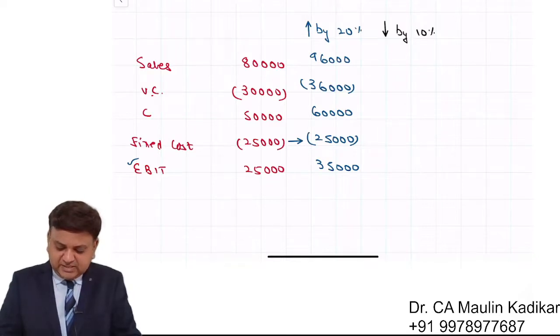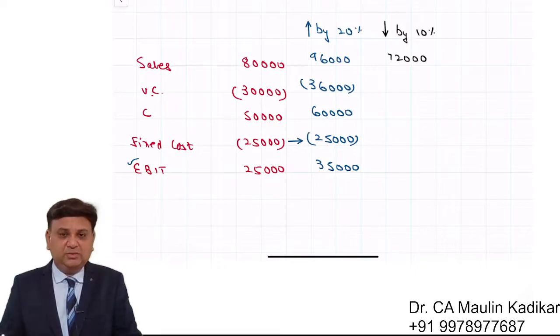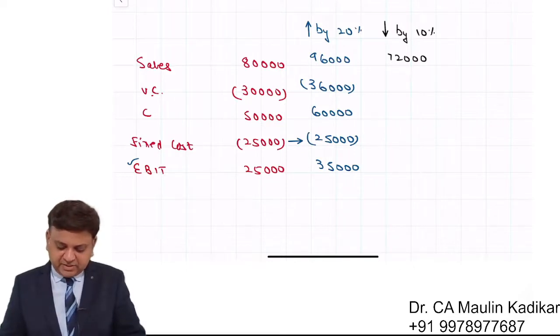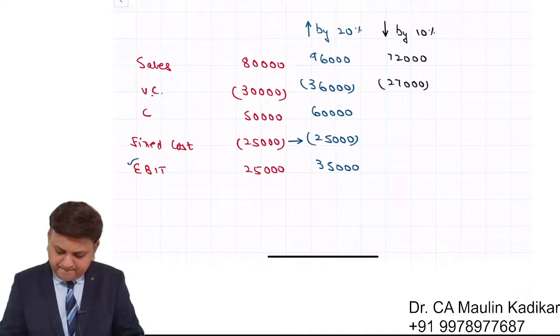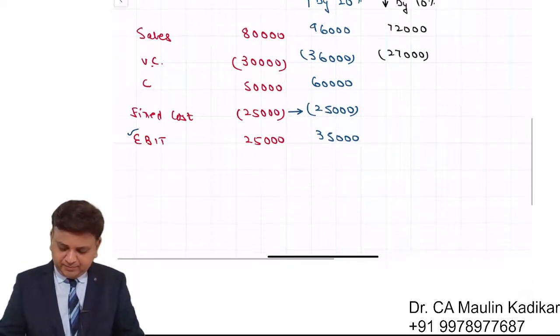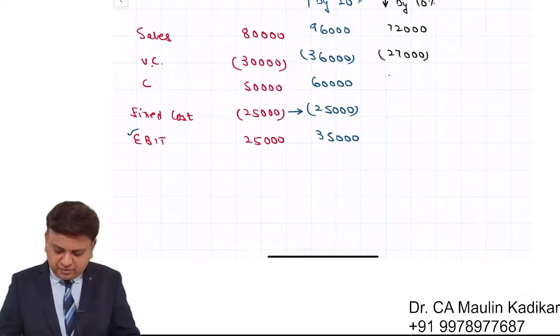So he says suppose next year sales reduces to 72,000. In that case, what would be your answer? With the reduction in the sales, variable cost will also reduce. So 72 minus 27, contribution will reduce to 45,000.